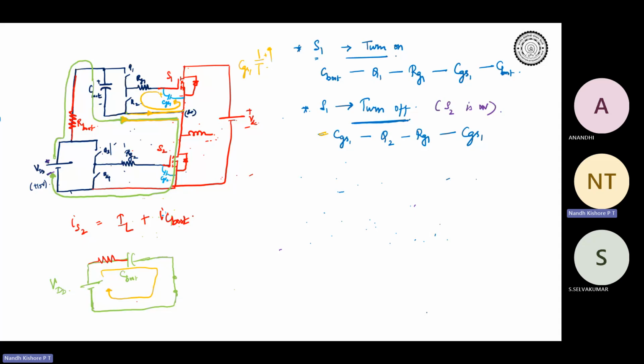We call this a current limiting resistor, just to limit the current, or else the charging current will be very high. You cannot have very high current flowing through a circuit. As Selvakumar sir told, it will also affect your IS2 operation. You want this particular component to be low. You don't want this to be very high, so you will add an R boot, a current limiting resistor.